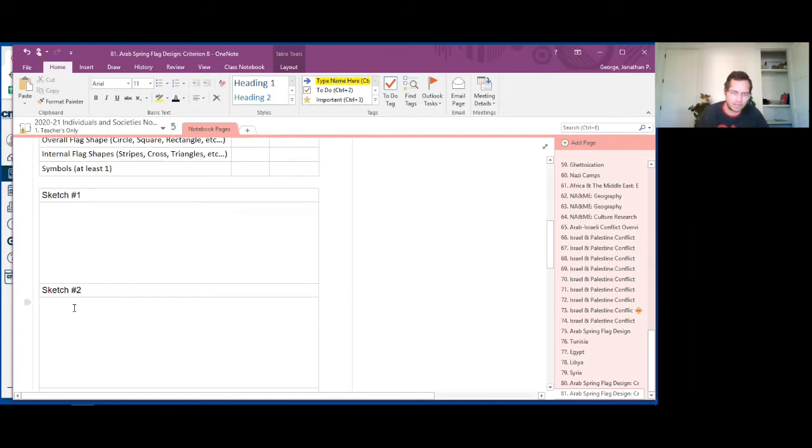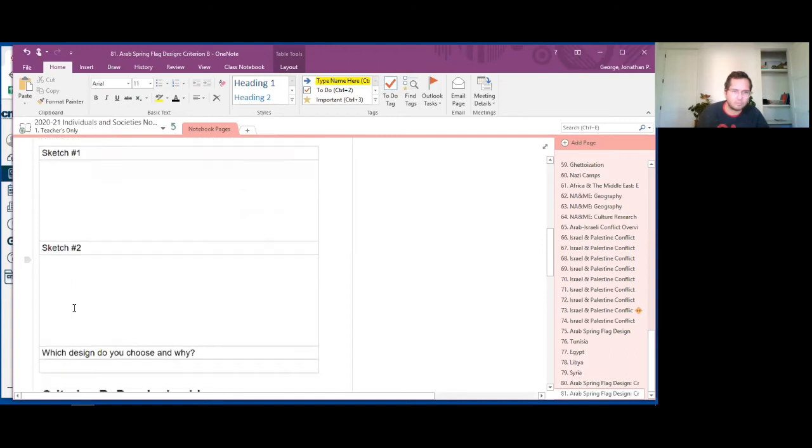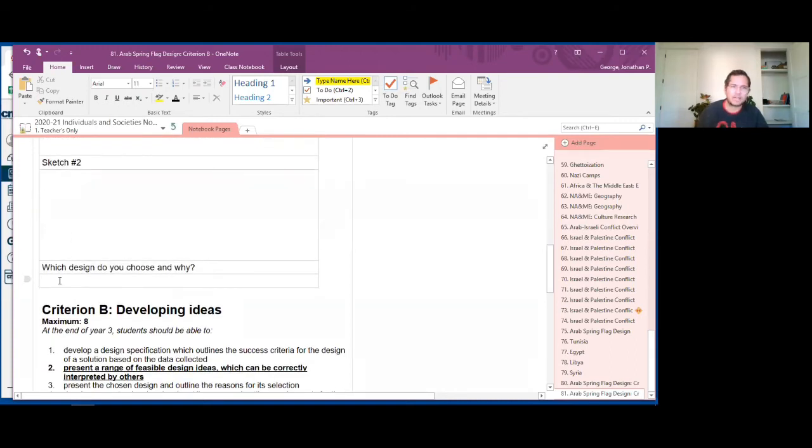Last thing, I know this is a lot. After you've done that, choose which design you're going to do. And you'll say something like this: sketch 2 or design 2 because the layout is easier to read or figure out, is better.